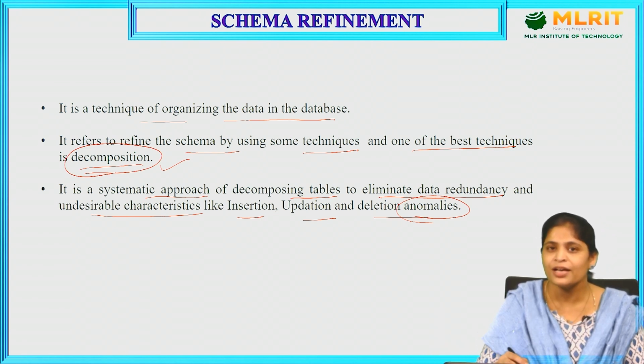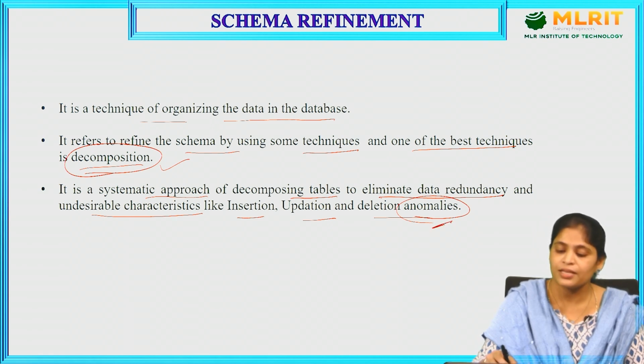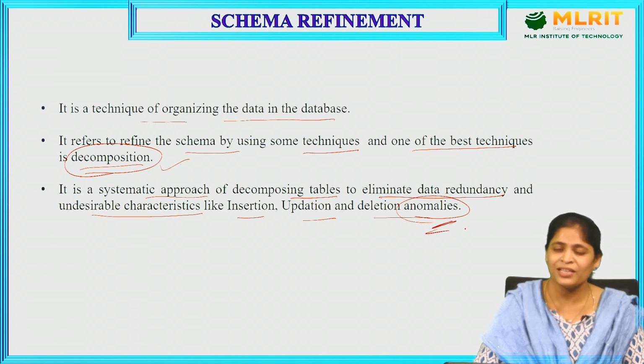Why? Because we interact with the database with these three operations only. While doing these operations, some problems may occur. Those are the anomalies. Here we have three kinds: insertion anomaly, deletion anomaly and updation anomaly.